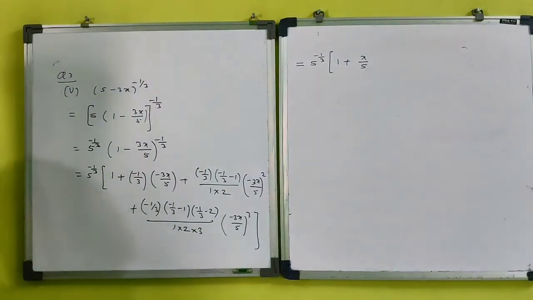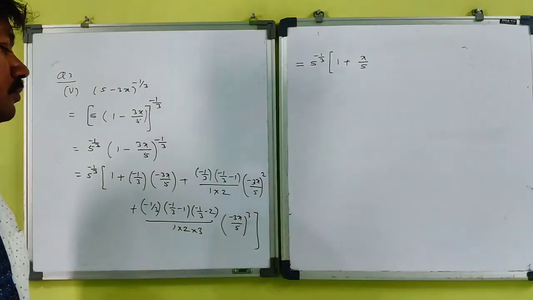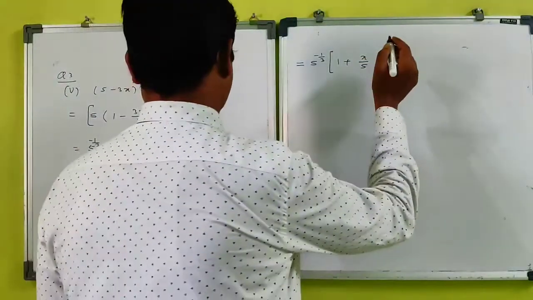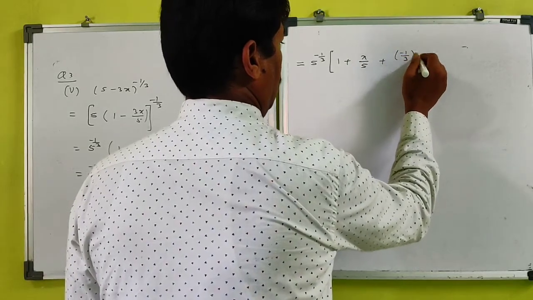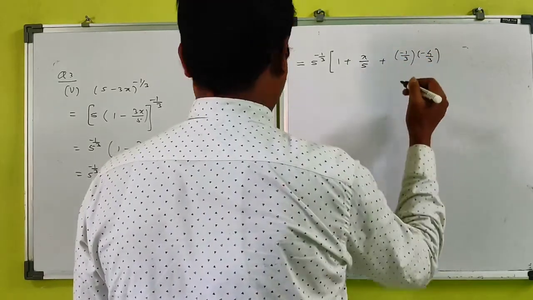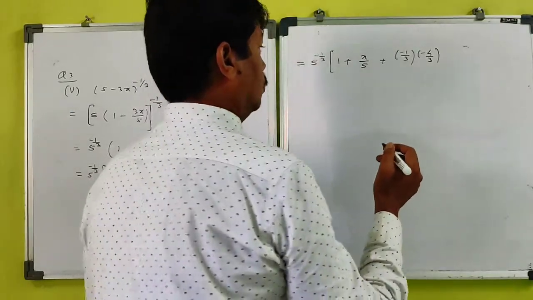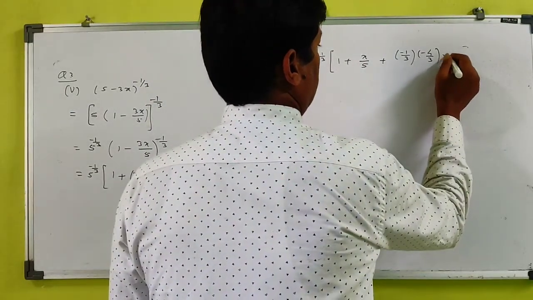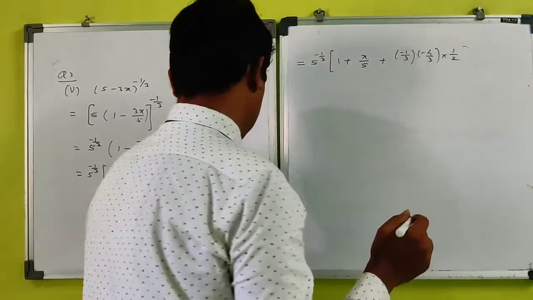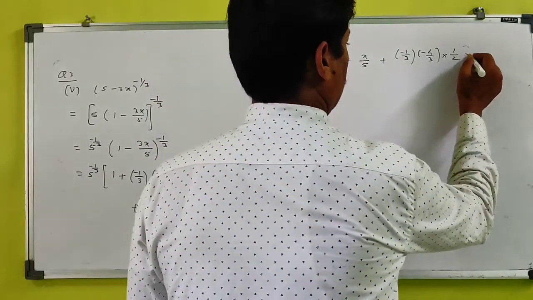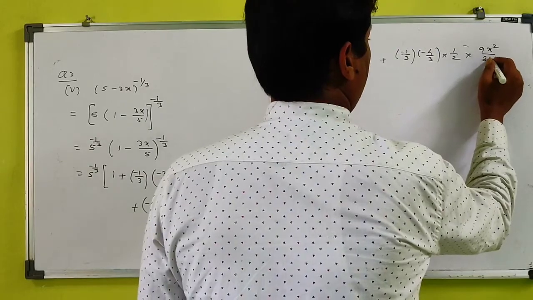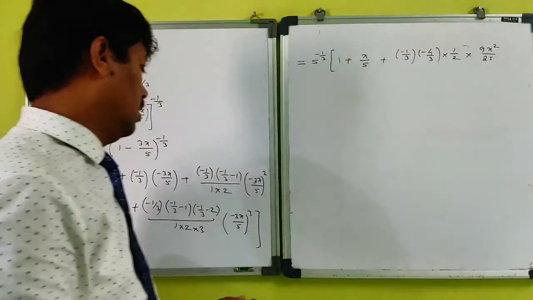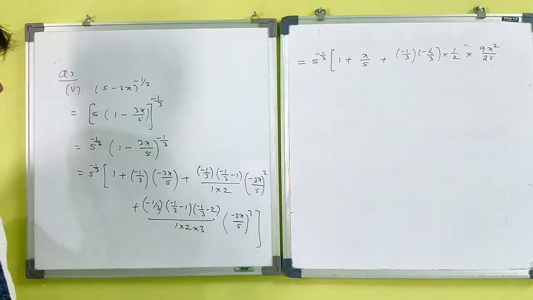So minus 1 upon 3 into minus 4 upon 3 upon 2, so we can say 1 upon 2 into 9x square upon 25.